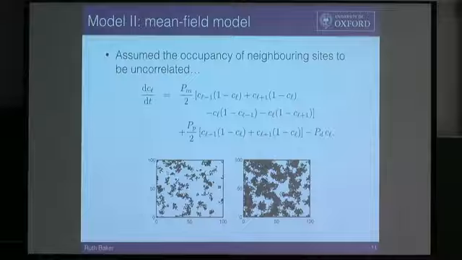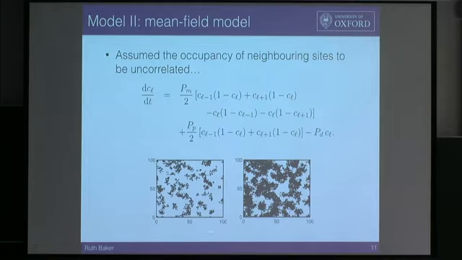So I said things like the probability of seeing a change in the occupancy of site L because I have an agent in, for example, site L minus 1, and I have nothing in site L, and the agent in L minus 1 proliferates, and with probability of half, it drops its progeny into site L. But when I wrote down an expression like this, I basically assumed that the occupancies of L minus 1 and L were uncorrelated.